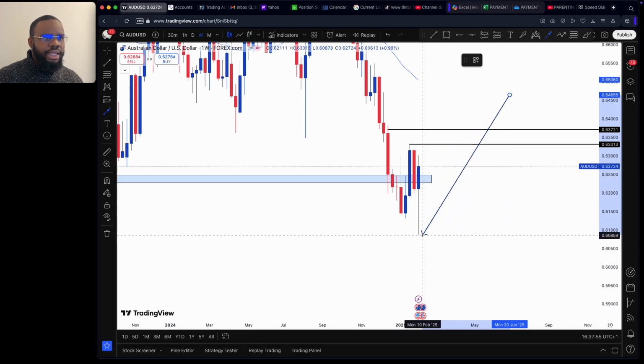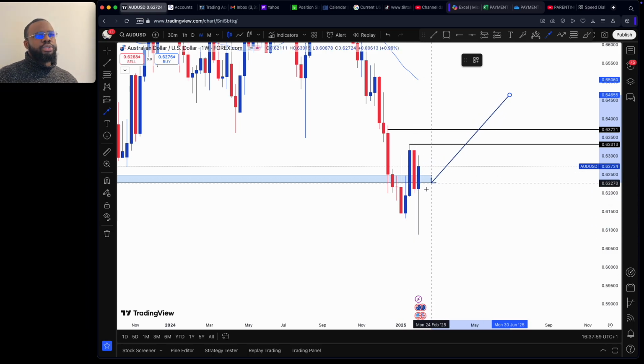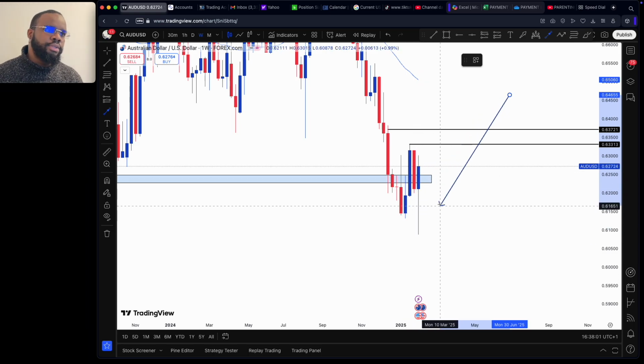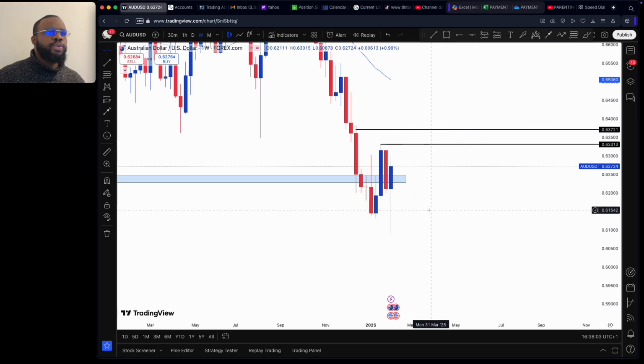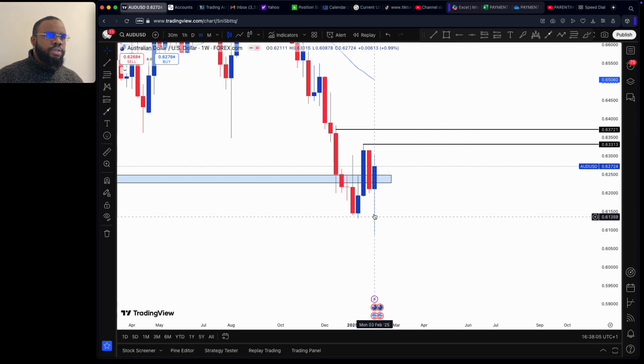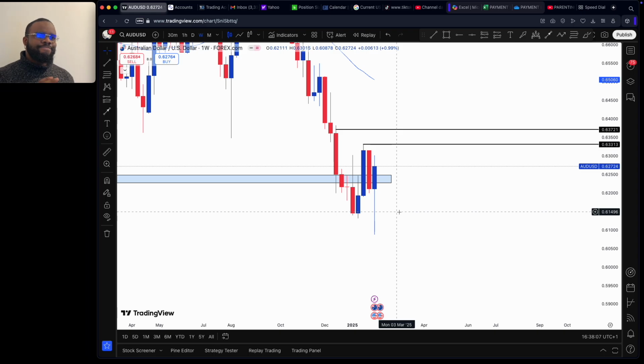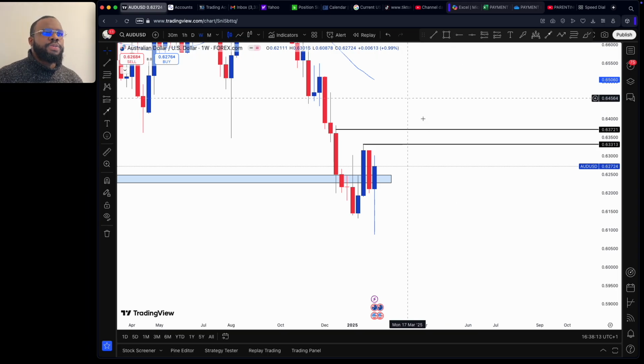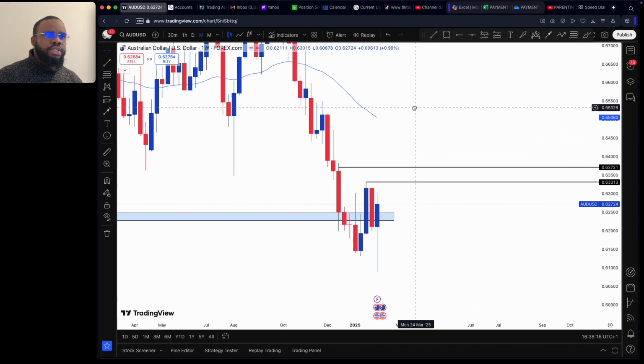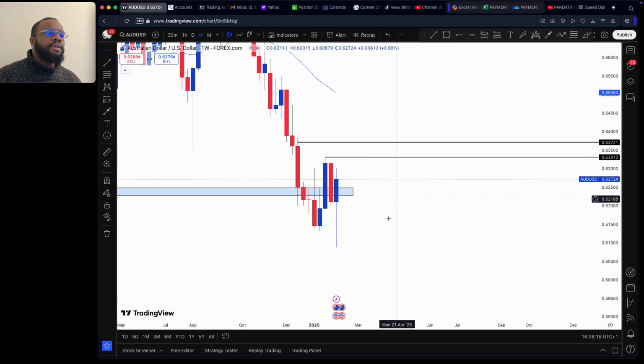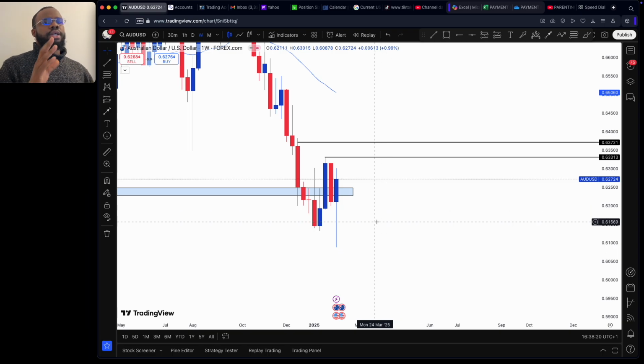It looks like it liquidated the lows, then it flipped bullish and closed like a sort of pin bar candlestick. This sort of rejection on the weekly is telling me this pair does not want to sell anymore. At least it has been selling all the way from this place, so this should be a time for a little bit of reversal, a little bit of correction.